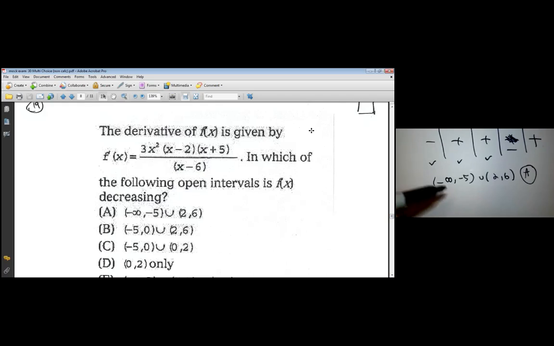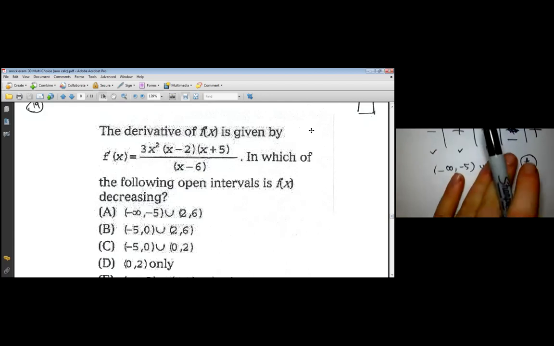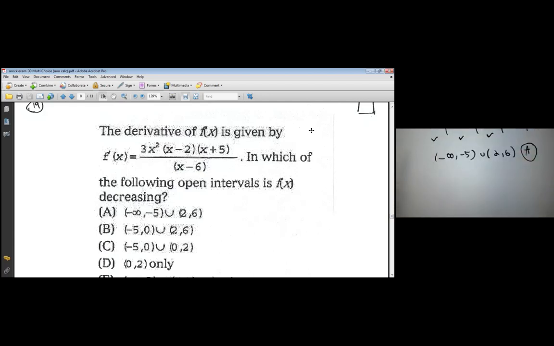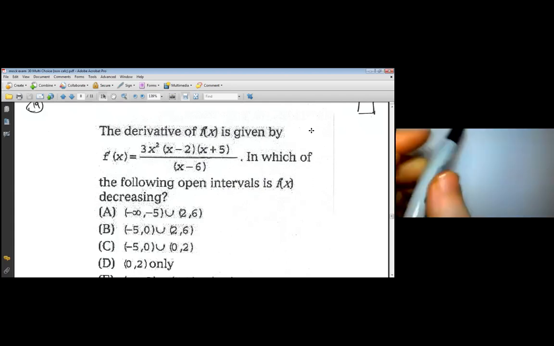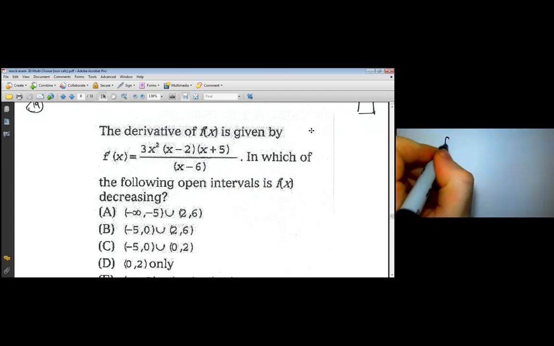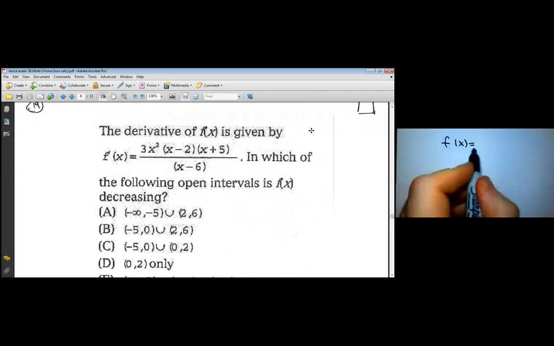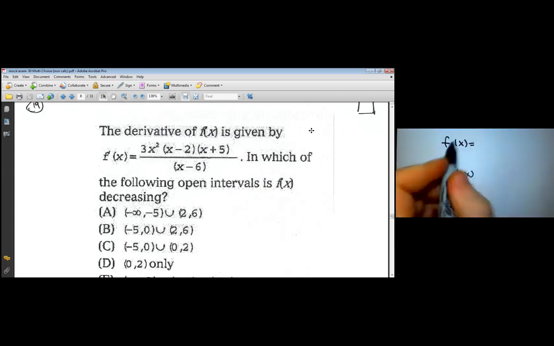If they give you a quotient, you set the top and bottom equal to 0. Now, in terms of the bottom, I didn't really go over this in depth this year because it's kind of a messy situation that isn't going to make or break your calculus test. Here's how it works. If we know what f of x is, then when I compare f prime to it, and it's a quotient, whatever this is down here, say it's x minus 3.